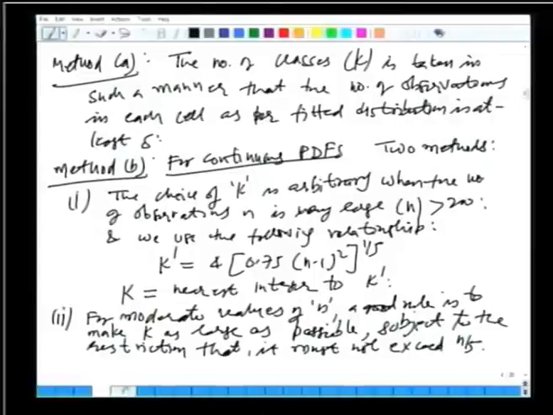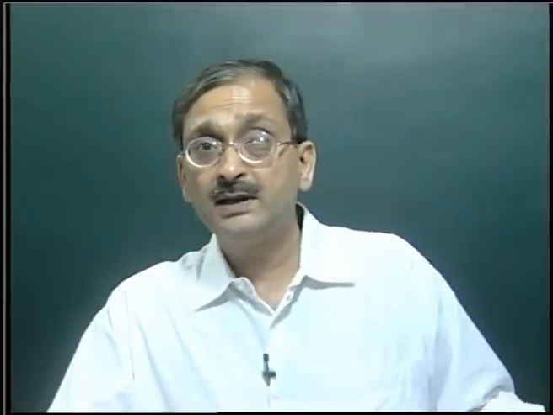Okay. So, what we are saying is that for the moderate number of data points for the continuous case, all right, we take the value of K as large as possible, all right, but it should not be more than n by 5.